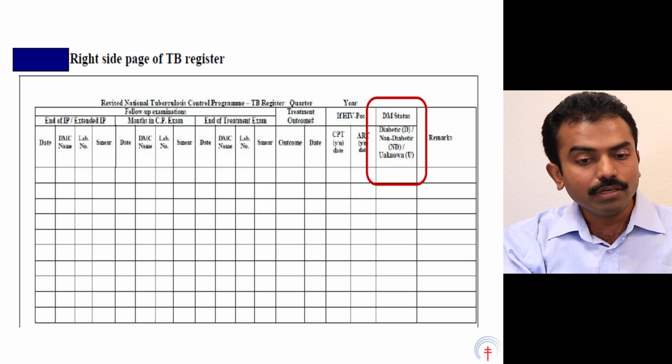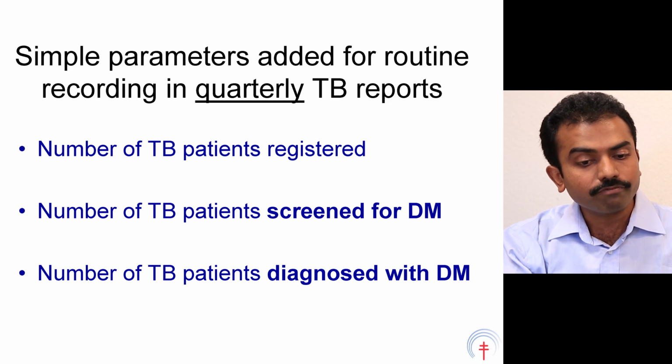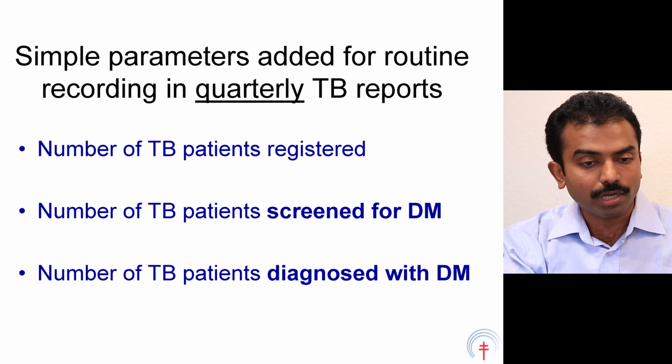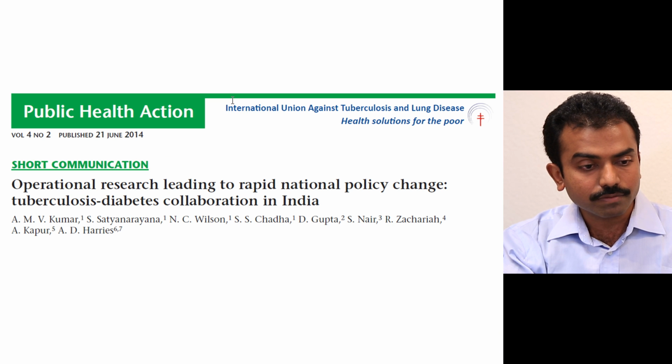The same field was also introduced into the TB register, capturing the status of diabetes. And simple parameters were added for routine reporting in quarterly TB reports. Number of TB patients registered, which was already being reported, and the two other indicators that were included: number of TB patients who were screened for diabetes mellitus, and of those, how many were diagnosed with diabetes mellitus. And these are the changes that happened in practice.